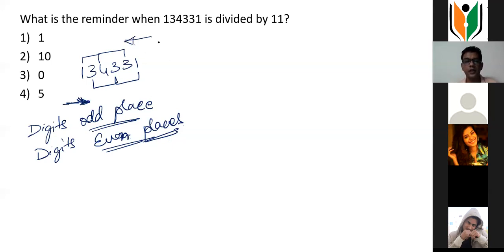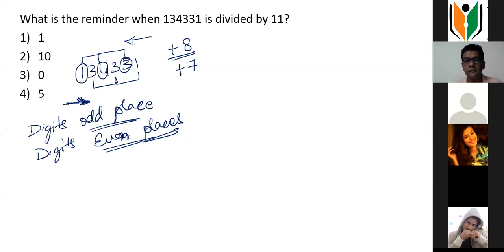Let's assume I'm doing it from left to right. Then 1, 4 and 3 are the digits in the odd places, so the sum becomes 8. And from left to right, 3, 3, 1 are the digits in the even places.